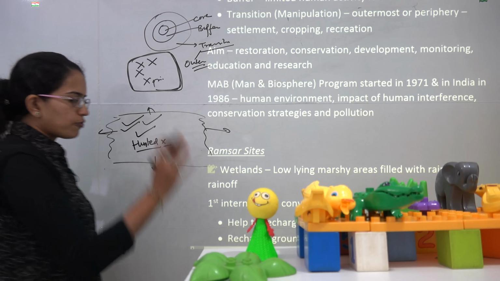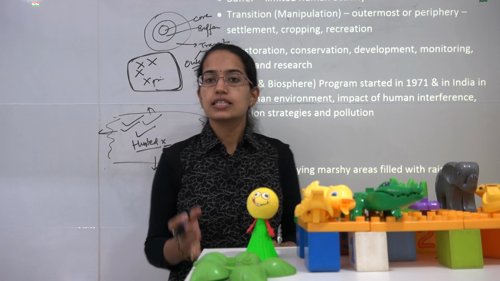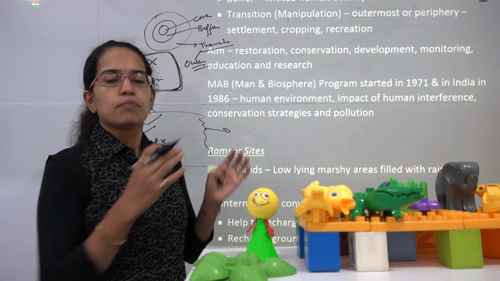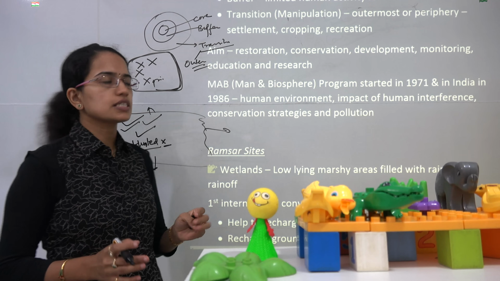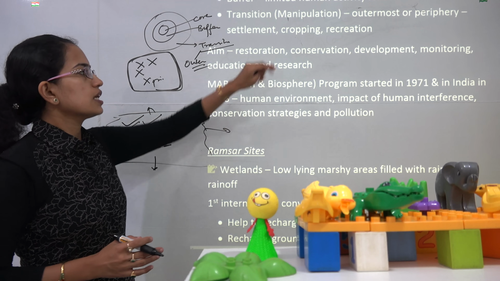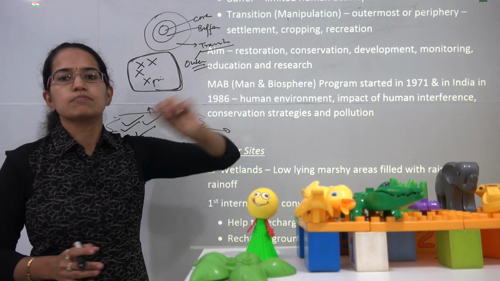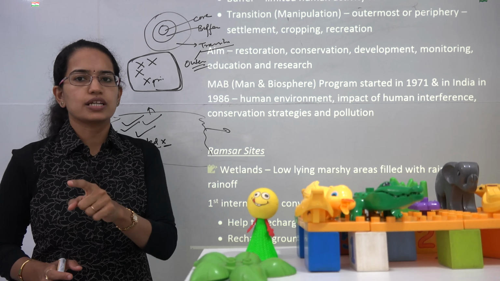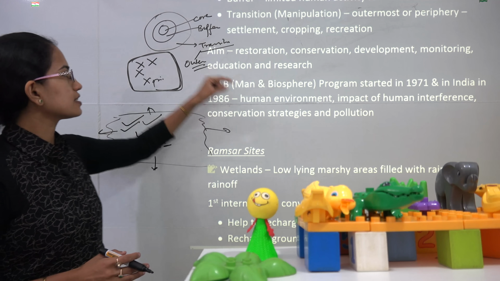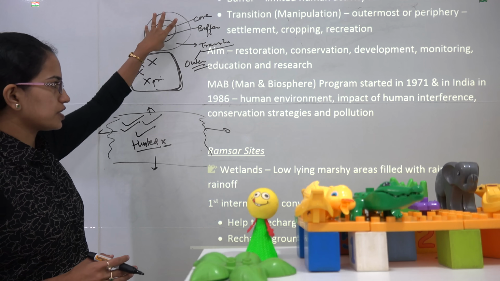Now the aim of all these protected areas is restoration of species, preserving the exotic species, resilience of the species, conserving the species, monitoring, and most important here, the research activities that are specifically allowed in biosphere reserves.